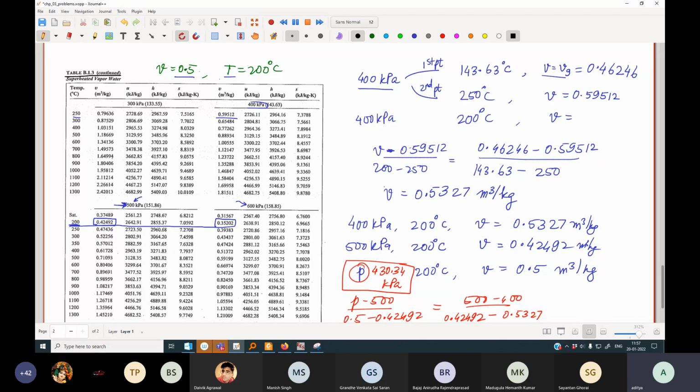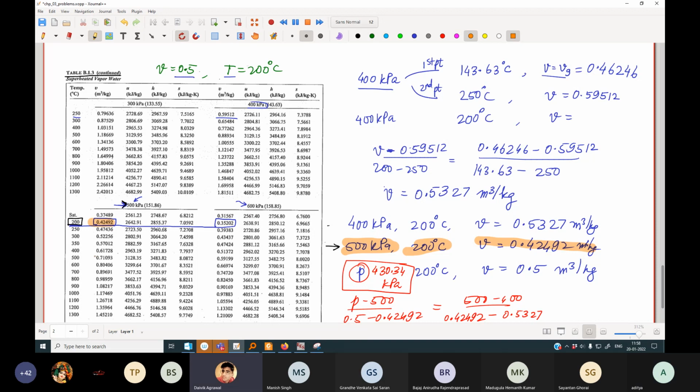At 500 kilopascal and 200 degrees Celsius, we observed that it corresponds to a specific volume of 0.42492. This much is clear?